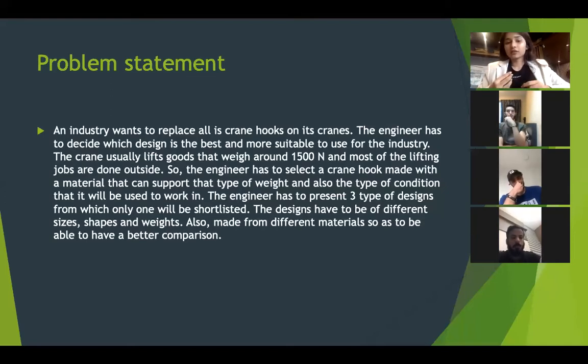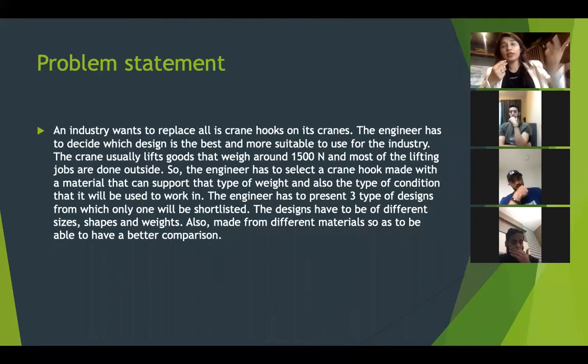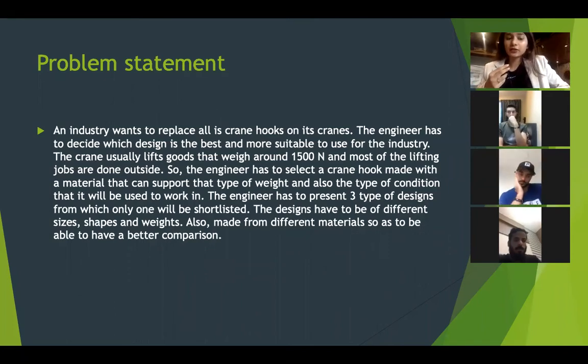outside. So we have now two pieces of information: the force should be around 1,500 Newton if we are testing on the particular design, and since the jobs are done outside, the material that we use should be weather friendly. So we have to select a crane hook made with material that can support the type of weight and also the type of condition that it will be used on.